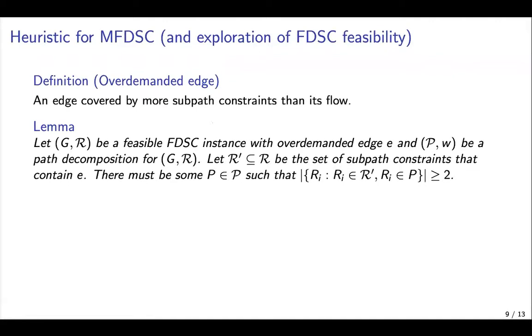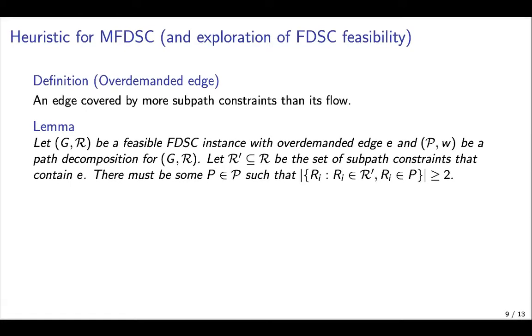So a key to our approach to decide whether an input is feasible is this observation. If an instance is feasible, any over-demanded edge must be covered by 2 subpath constraints that are satisfied by the same path in some solution.